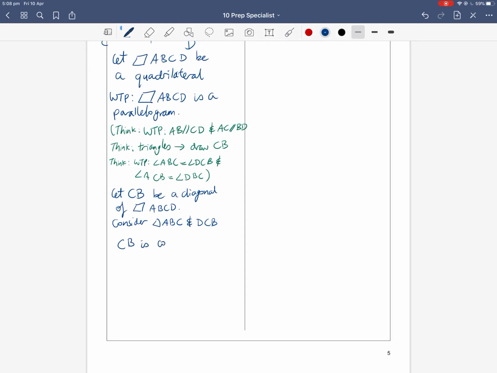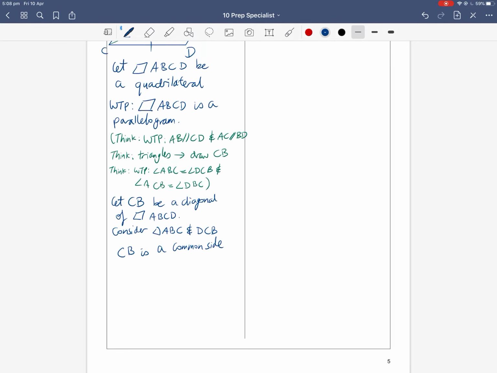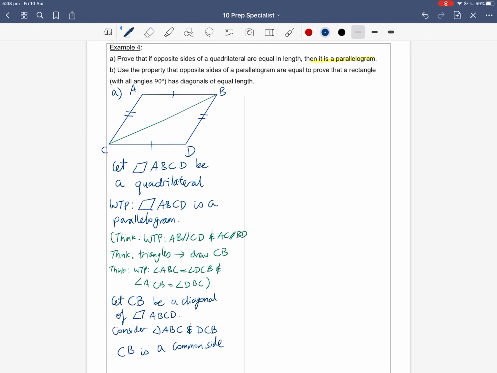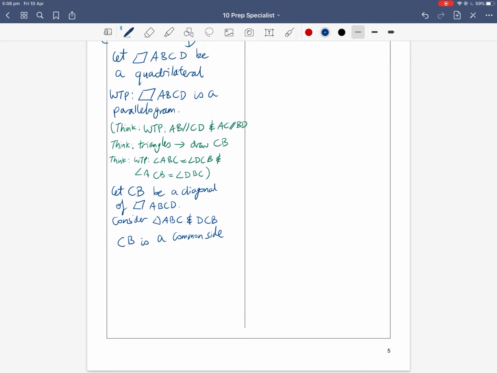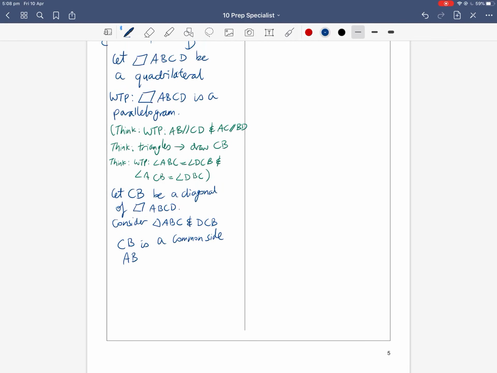So CB is a common side. We know that AB is the same as DC because we're told that opposite sides are equal in length. So AB is equal to DC because that's given to us.